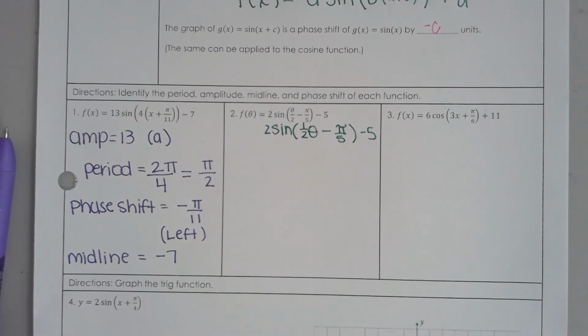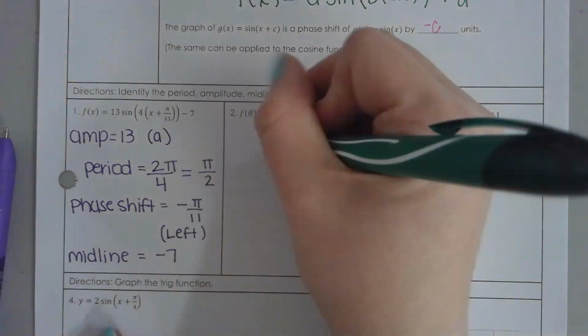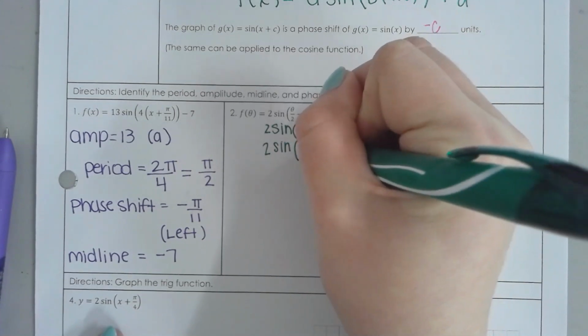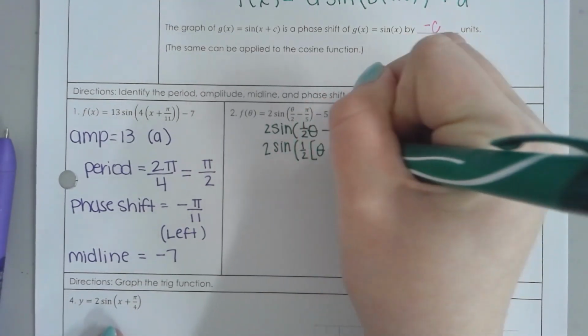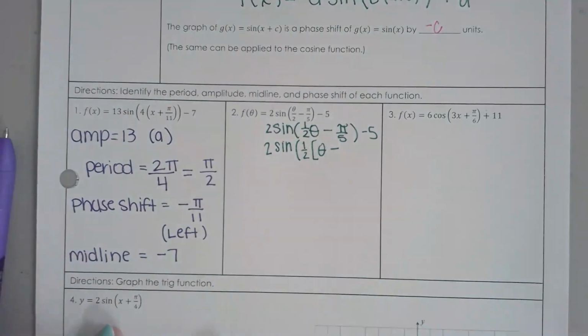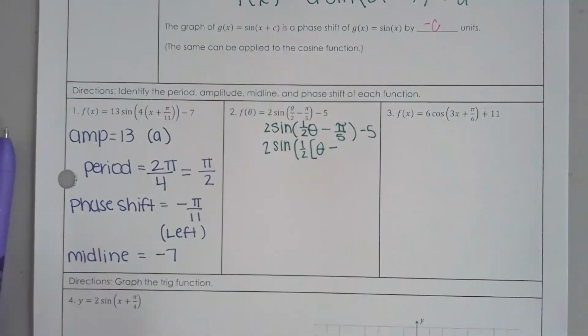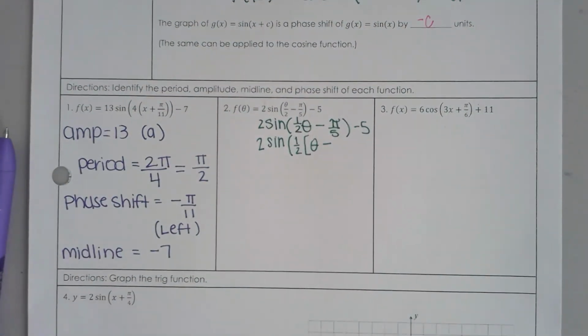Basically, we're dividing it by 1/2. Dividing by 1/2 is the same as multiplying by 2.